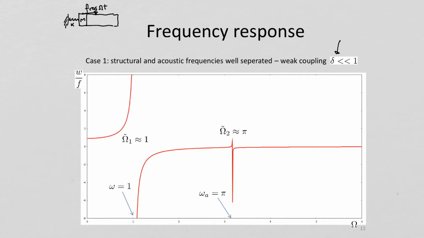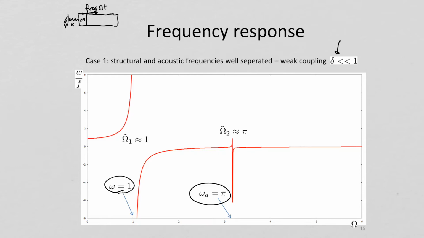In this case, we see the frequency response for this system when the structural and acoustic frequencies are well separated, and that means that gamma is not very close to 1. Here the natural frequency of the mass spring system is equal to 1, and the first acoustic natural frequency is equal to pi.